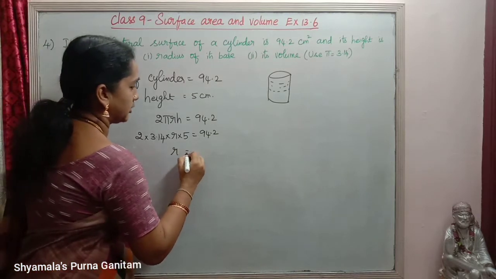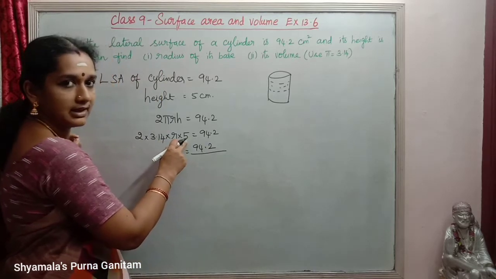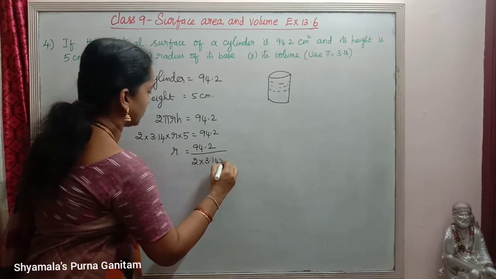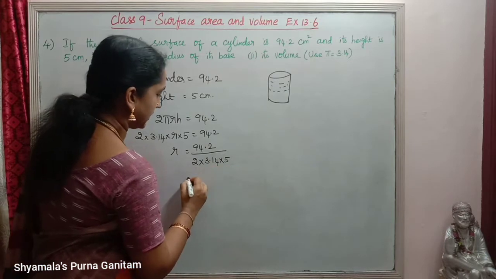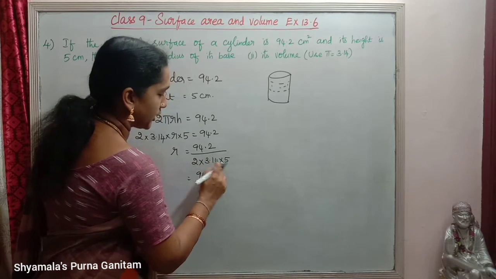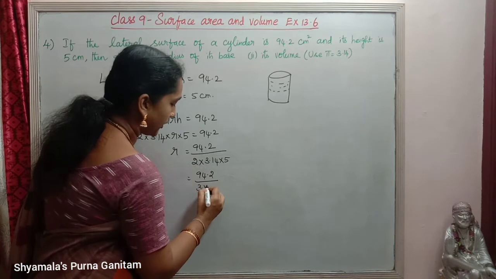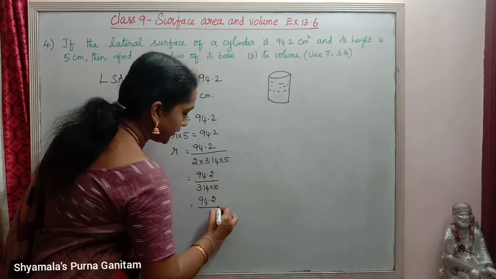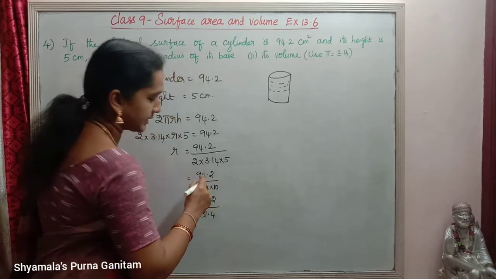So r is equal to 94.2 divided by all these three terms: 2 into 3.14 into 5. 5 twos are 10, so 94.2 divided by 3.14 into 10. 3.14 into 10 is 31.4. So we get 94.2 divided by 31.4.